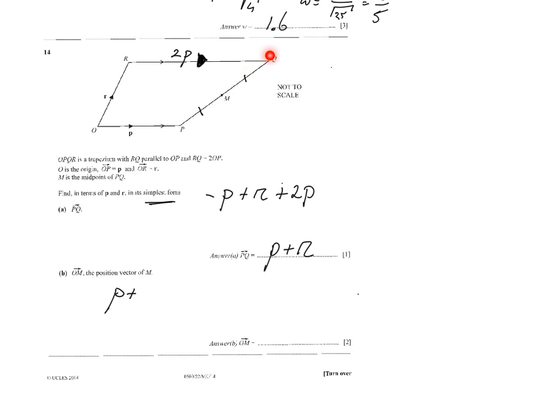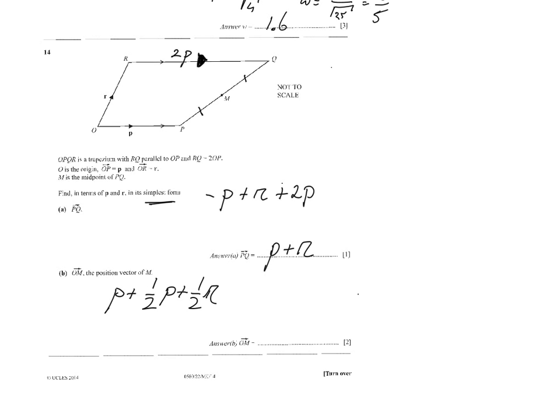PQ is P plus R, as we found in the previous question, so PM is half of that, because M is exactly in the middle. So plus a half P plus a half R.